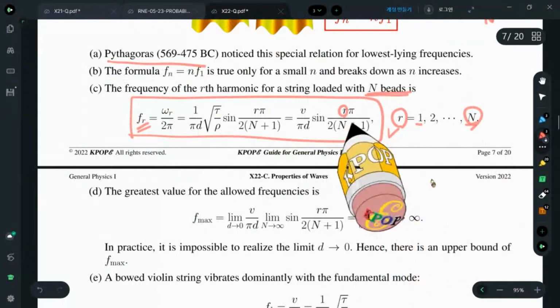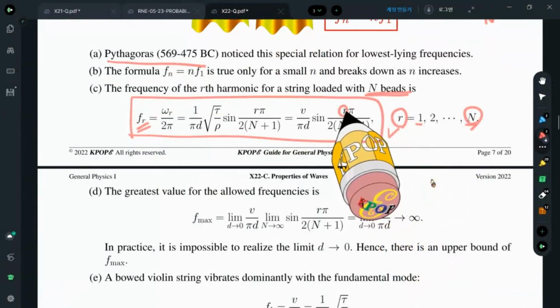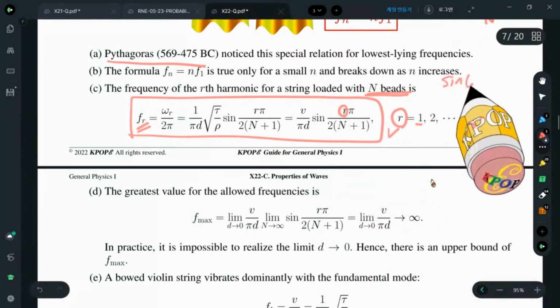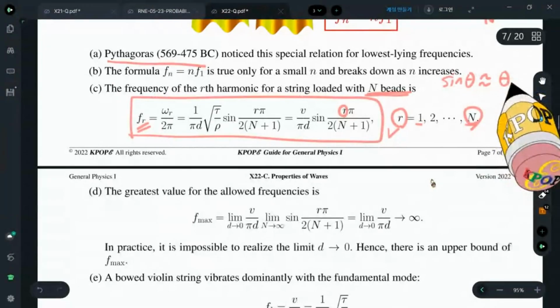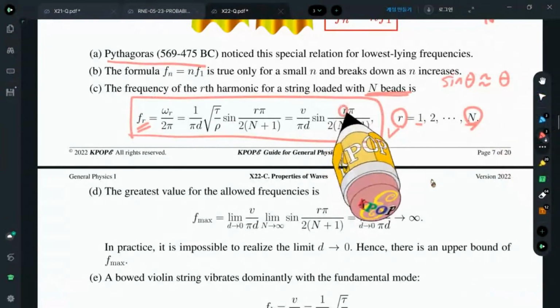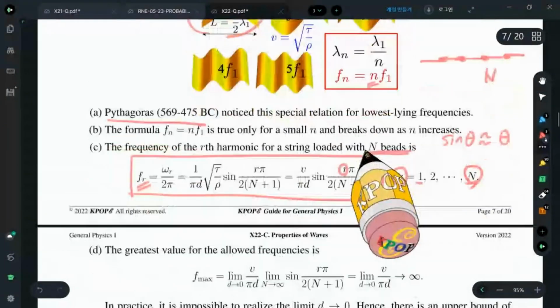When r is very small, then sine theta can be approximated similarly to theta. In that case, this one follows the multiple rule.